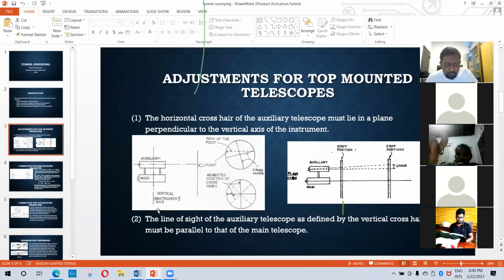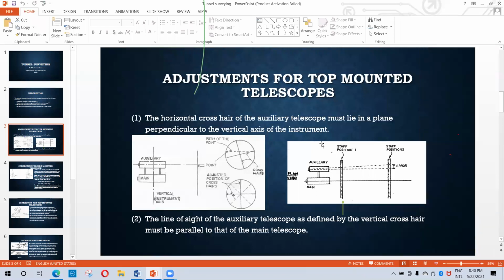Now, the horizontal crosshair of the auxiliary telescope must lie in a plane perpendicular to the vertical axis of the instrument, right? Now, you can see here that when you slightly turn this telescope, you can target this object.